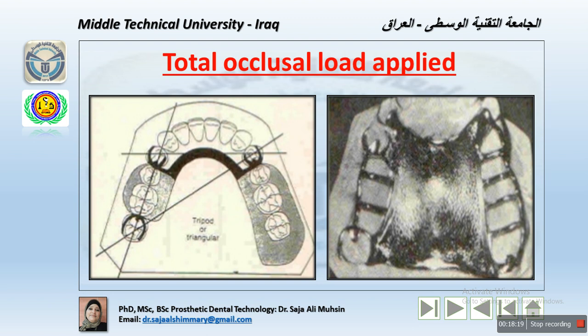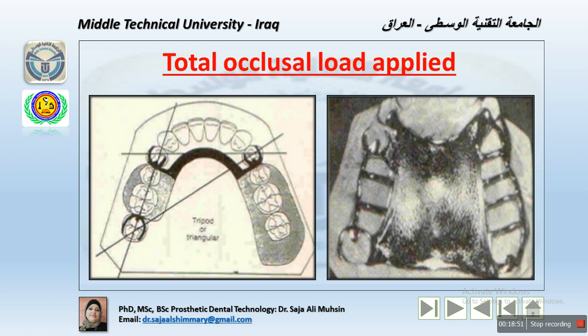The number of the artificial teeth as well, the width of their occlusal surfaces, and the occlusal efficiency as well, whether they are anatomical, non-anatomical, or monoplane, also influence the total occlusal load applied to the removable partial denture, which does subsequently affect the design and the torquing with the distal extension base.